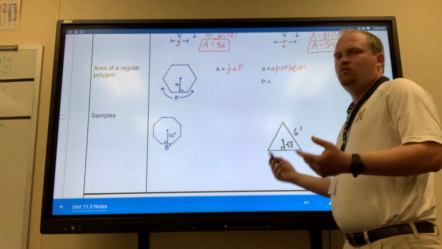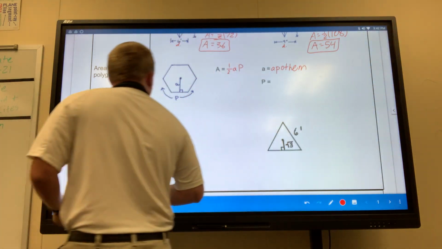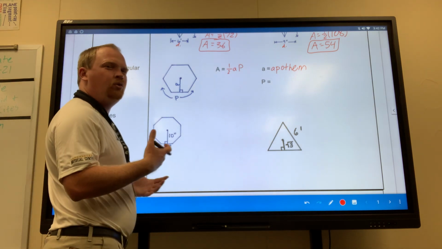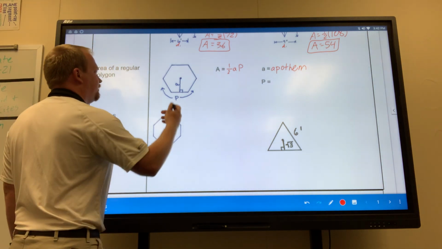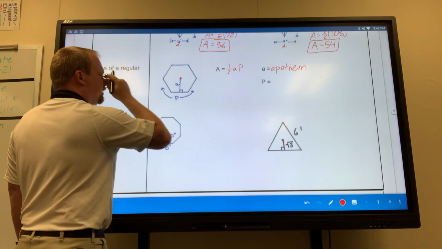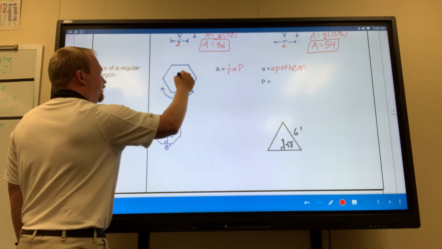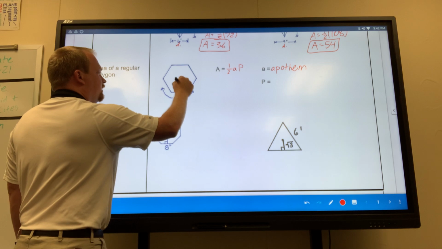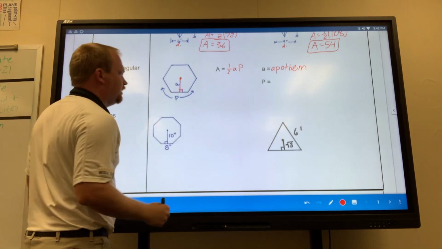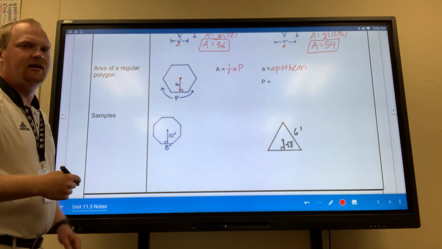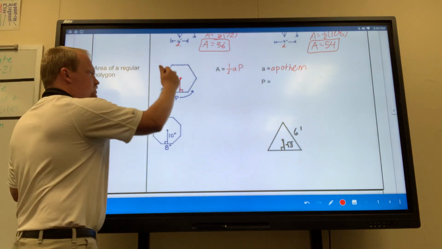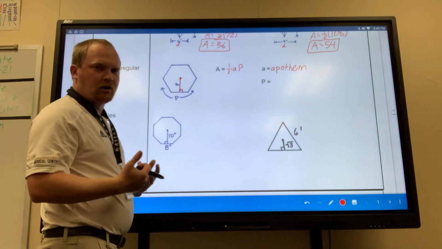Apothem. What is apothem? Well, you can kind of look at it like the radius of a regular polygon. So if I start at the center here, and I go to a side that is perpendicular to that side, I have my apothem, okay? So it's from the center to the side where it's perpendicular.